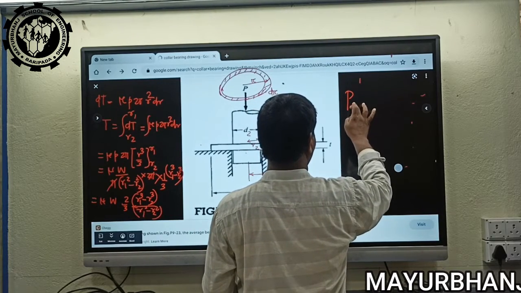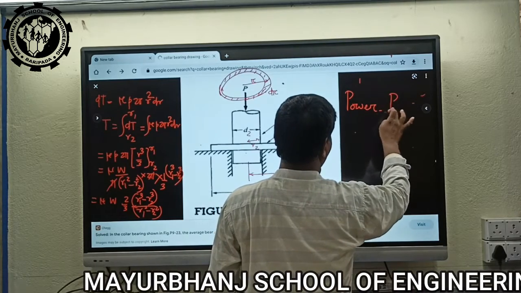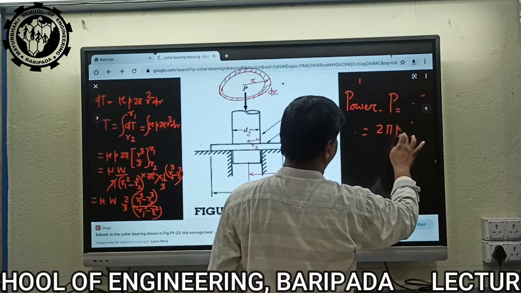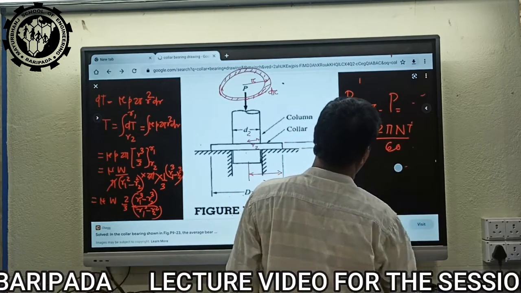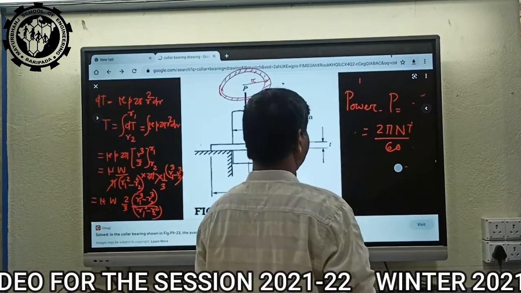Power P is equal to 2 pi N T by 60, where N is the RPM, and we calculate from this formula.